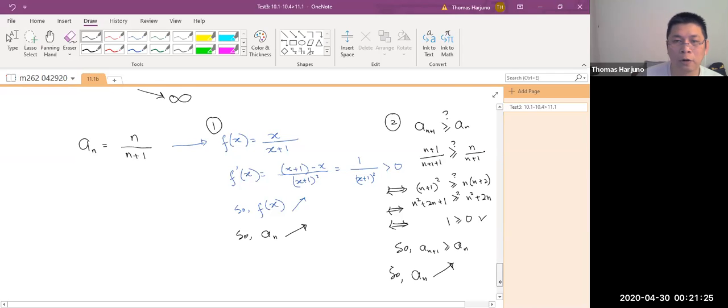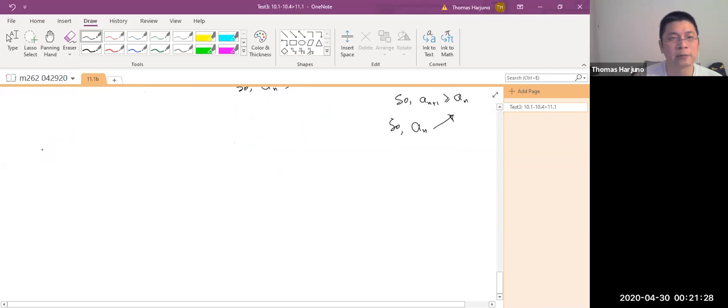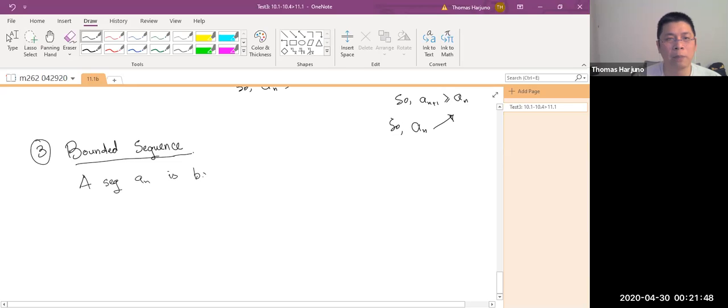Now, furthermore, how about boundedness? Bounded sequence. A sequence a sub n is bounded above if a sub n is less than equals to m for every n starting from 1.